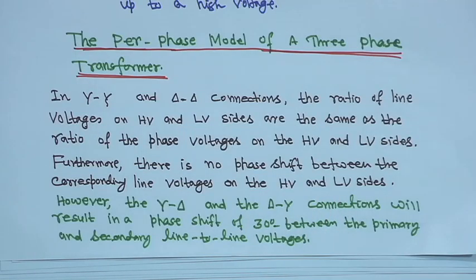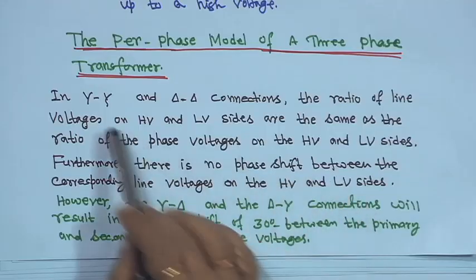Furthermore, there is no phase shift between the corresponding line voltages on the high voltage and low voltage side. For star connection and delta connection, there is no phase shift between the corresponding line voltage on the high voltage side and the low voltage side. Look, I am not using primary or secondary, I am talking about the high voltage and low voltage.